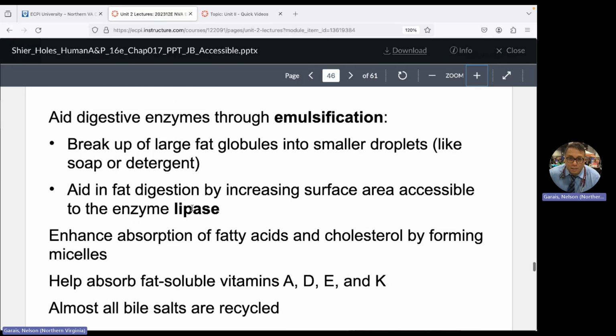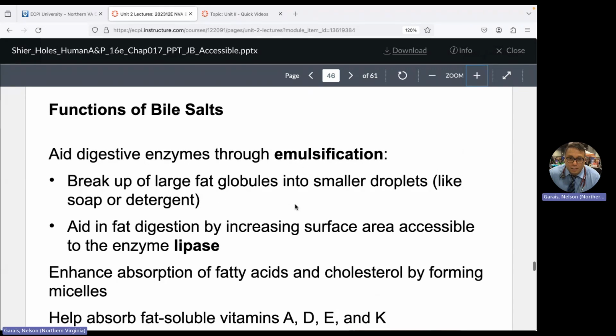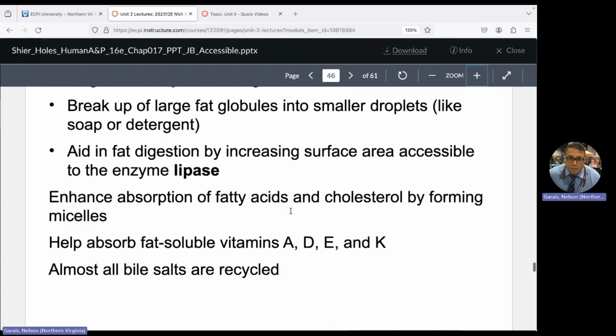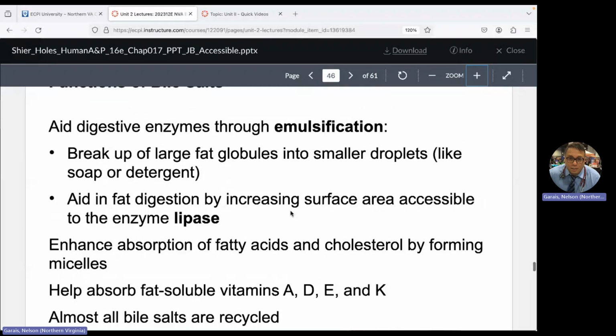So lipase changes lipids chemically, but an emulsifier is also known as a detergent, right? That's why it's kind of like the way soap works, and that's why they call an emulsifier a detergent. It's gonna turn big fat globules into very small ones, and those small ones are called micelles.